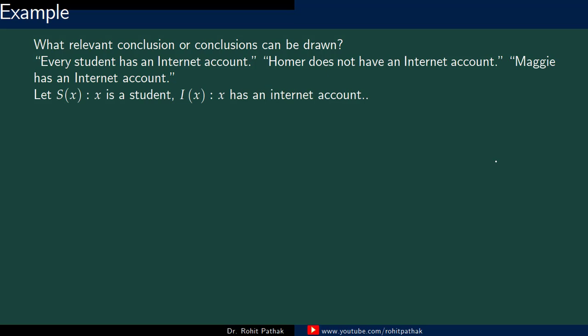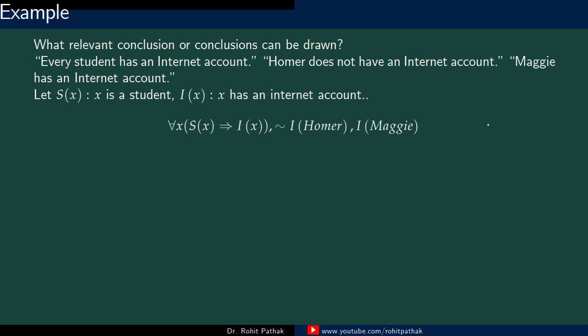So to draw conclusions from this sequence of premises, we write like this. We take Sx to be the statement that x is a student, and Ix the statement that x has an internet account.